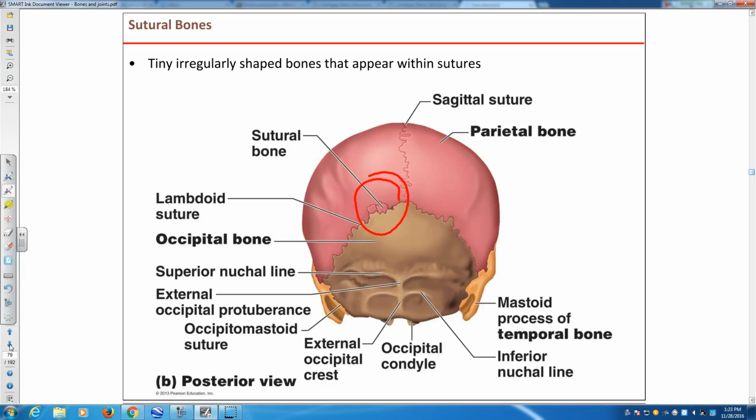They're pretty common in a skull. They don't play any specific functional role, and in fact, the number and location of sutural bones will be different in different individuals. That make sense?